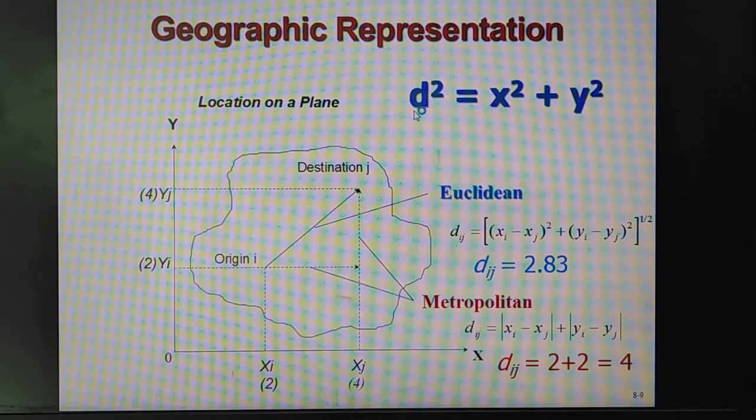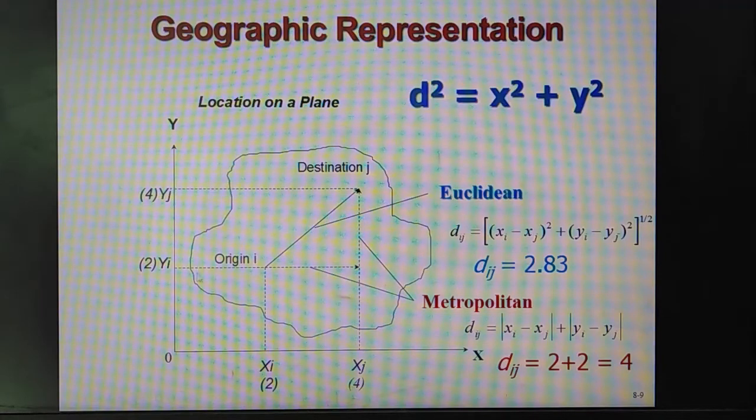So, for example, if you want to know the distance from this origin I to destination J, on the plane perspective, for example, on paper, you have to take this distance between xi and xj and square it, plus this distance from yi to yj, square it, and then you need to square root to get this length or this distance, right?